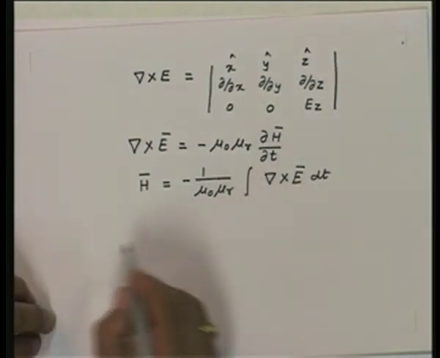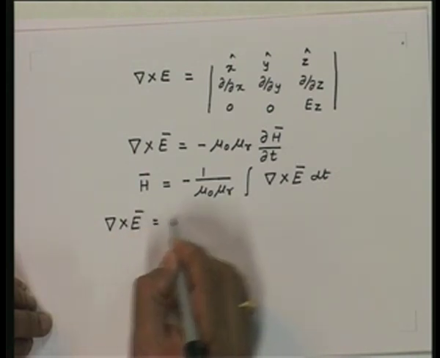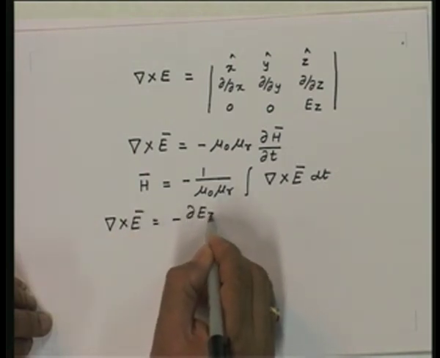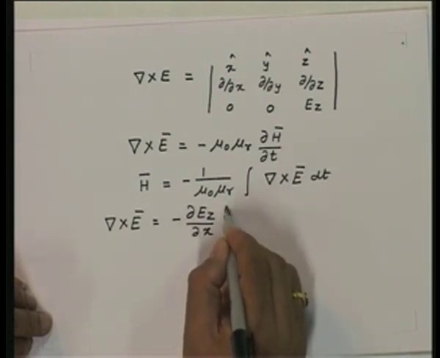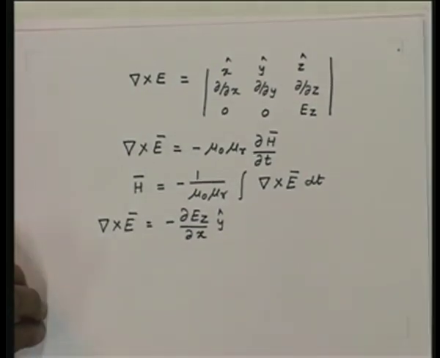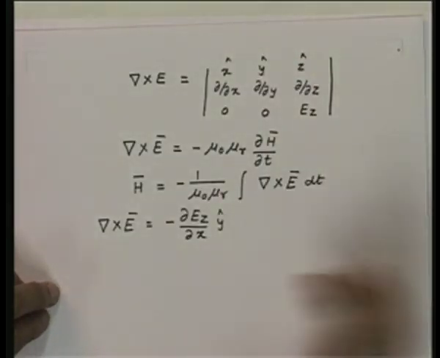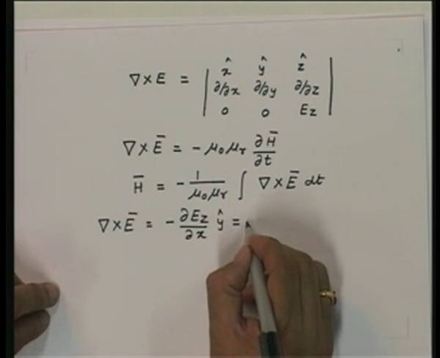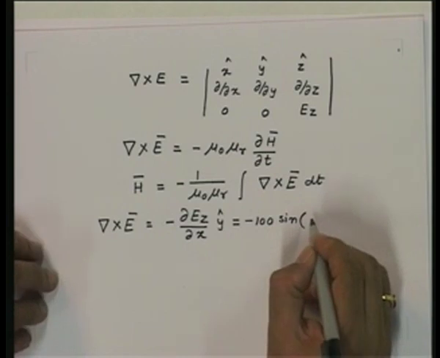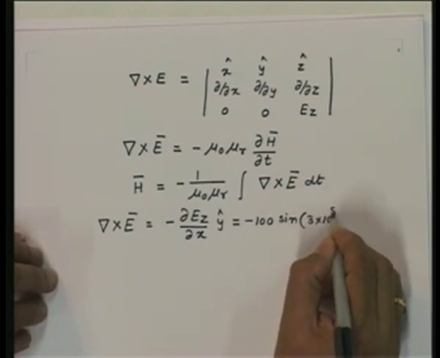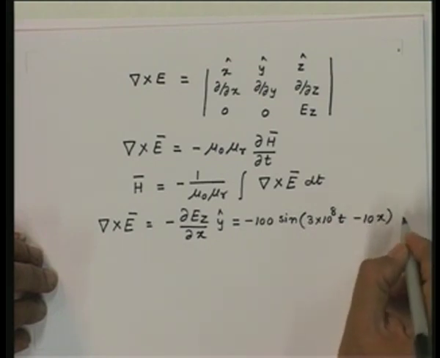So, essentially we have this del cross E will be equal to minus dEz upon dx in the y direction, and so if I substitute for this E, then I get this quantity equal to minus 100 sine of (3 into 10 to the power 8 t minus 10x) y cap.